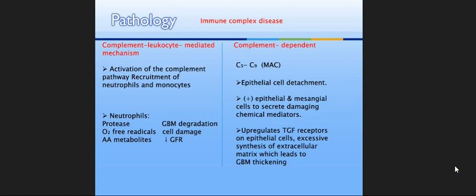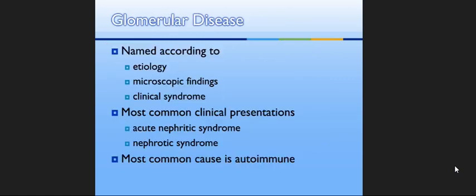Again, let's go to the clinical side. Glomerular disease is named according to three points: etiology, microscopic findings, and the third category, clinical syndrome. As I told you, it is a syndrome of multiple clinical pathologic entities.